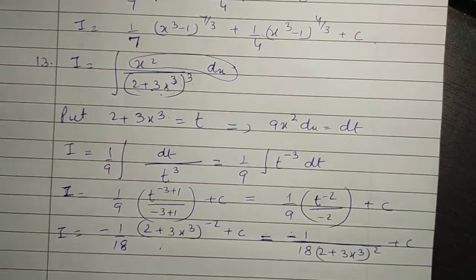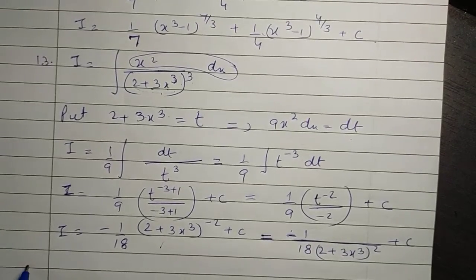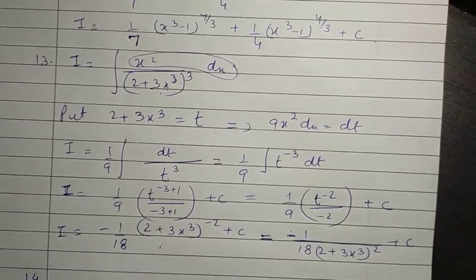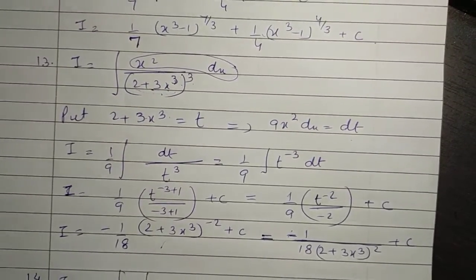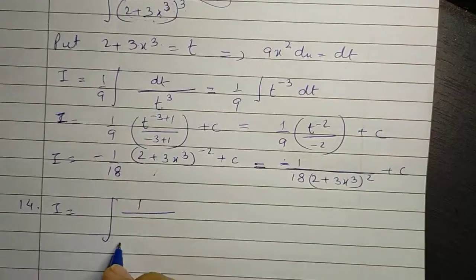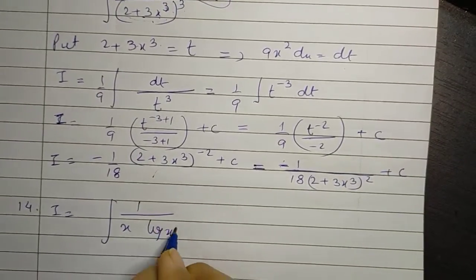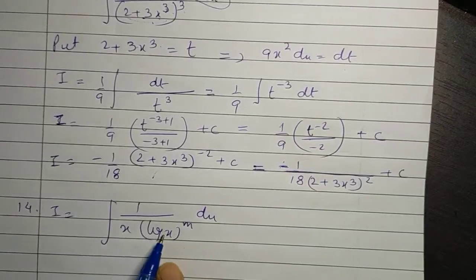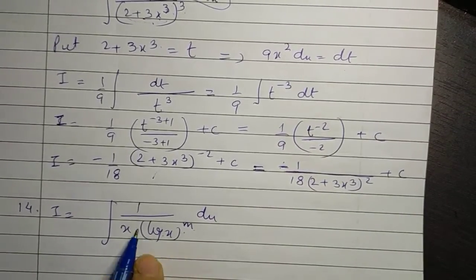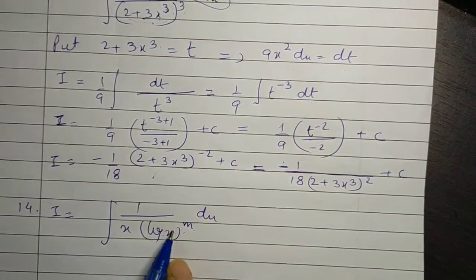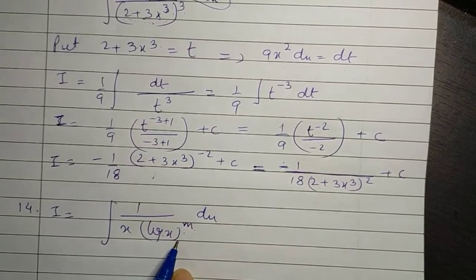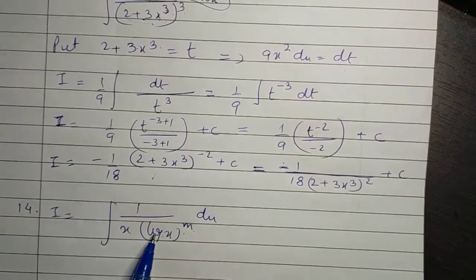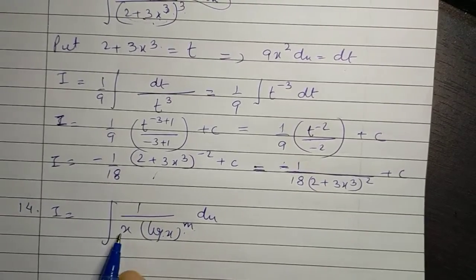Okay, and I'll just take up one last question for today, and that is question number 14. It says that the integral of 1 upon x (log x) raised to the power m dx. Now again, this is a function of a function, so by default we have to take the inner function as t, and also we have done a similar question earlier that log of x, the derivative is 1 upon x.